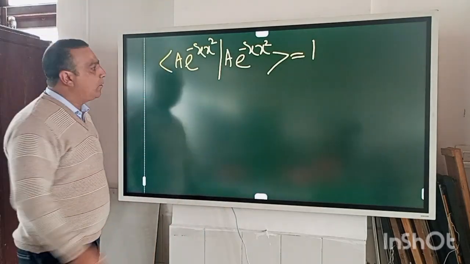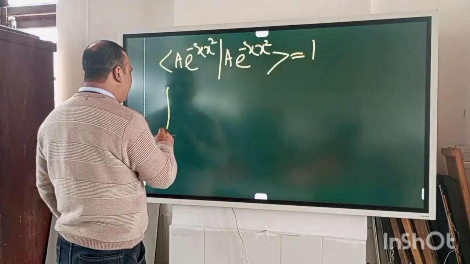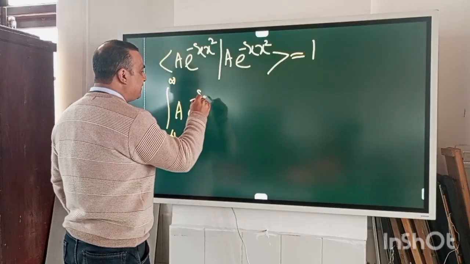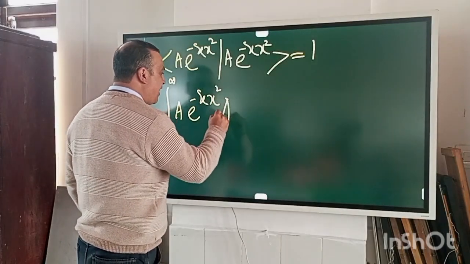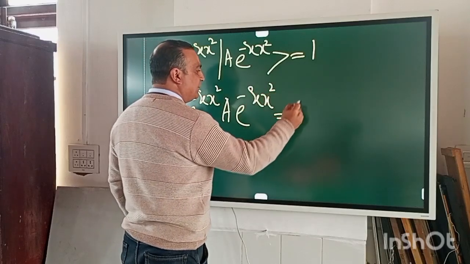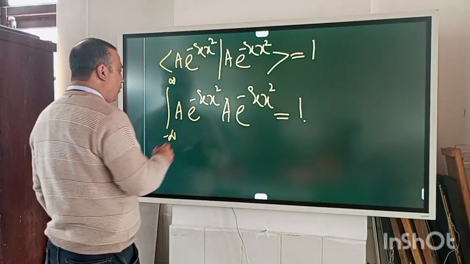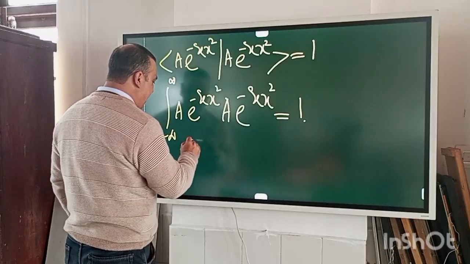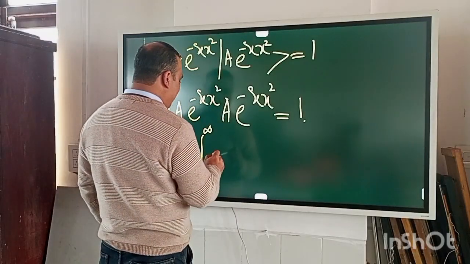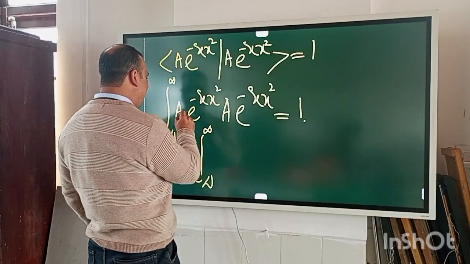In doing so, I will have an integral from minus infinity to infinity, A x e to the power of minus zeta x squared, A x e to the power of minus zeta x squared, is equal to 1. So A and A will give us A squared. So inside we have minus infinity to infinity. Then I'll be getting, so I forgot to write x here.